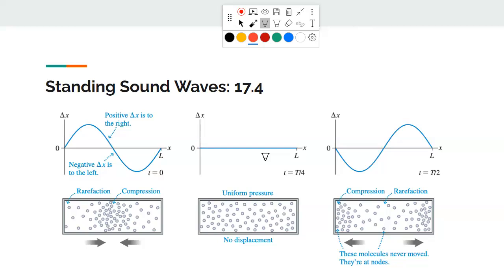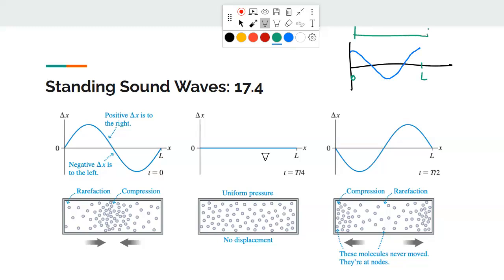And so if you think about the pressure, I don't know if your book gets into this, but just to draw this for you. If this is 0 and this is x equals L. So you can see that the pressure, it's still one wave, one sinusoidal wavelength.